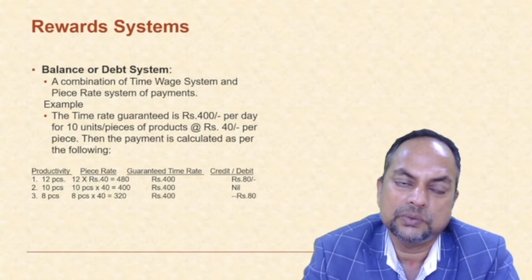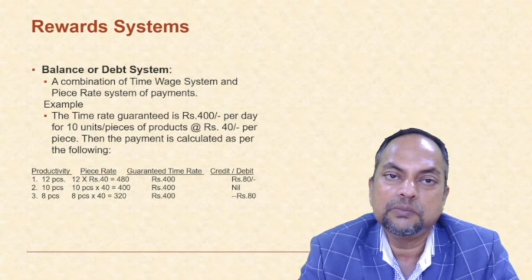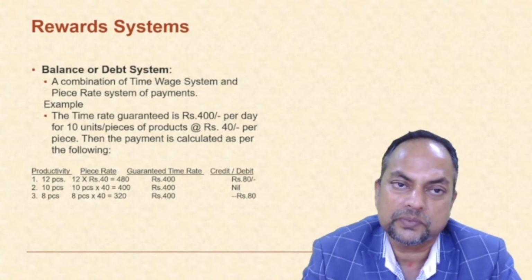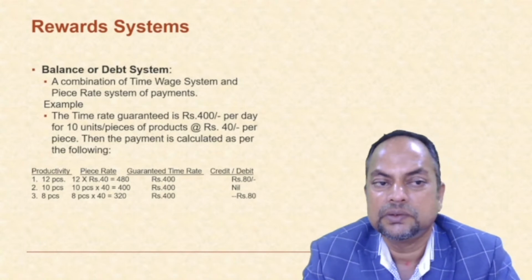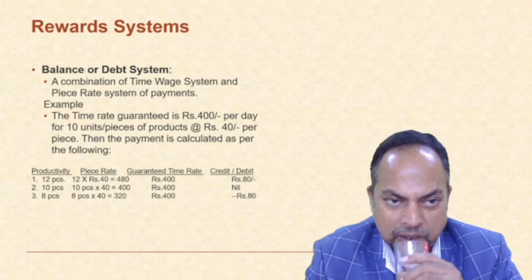But what we need to do is to develop a system which can remove the disadvantages of both the systems. So that is the reason why this balanced system or this debt system of payment had been devised, right?